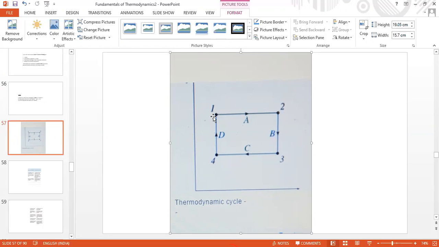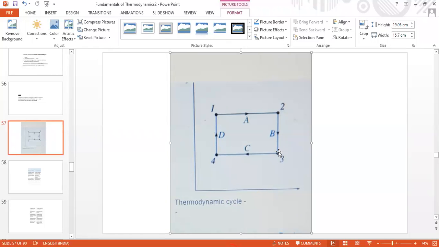And now tell me, on this line also, I am telling you integral PdV from 4 to 1 is 0. Why am I telling you like that? Volume is constant, sir. Volume is constant here also. If this is the volume axis, on 2 to 3 as well as on 4 to 1, the volume is constant. That's why the integral PdV value on this line is 0.